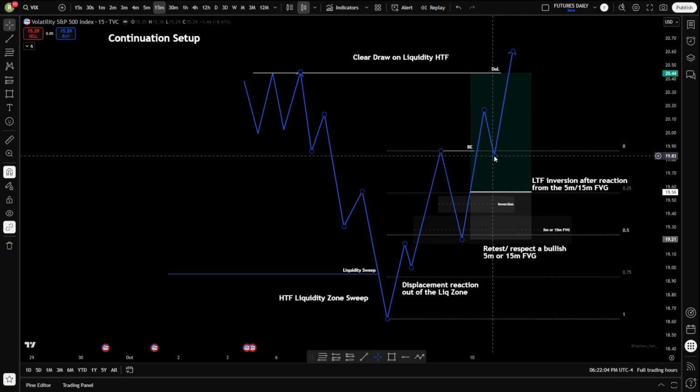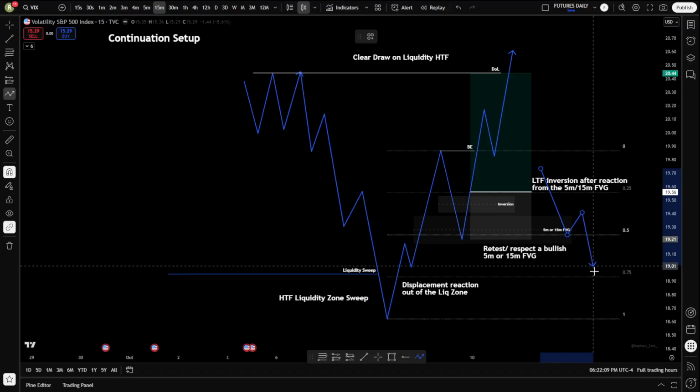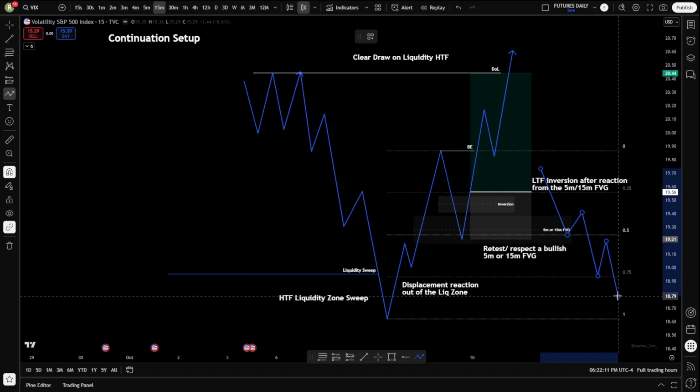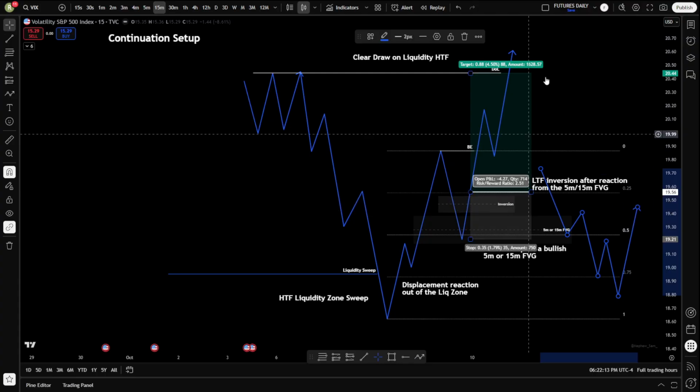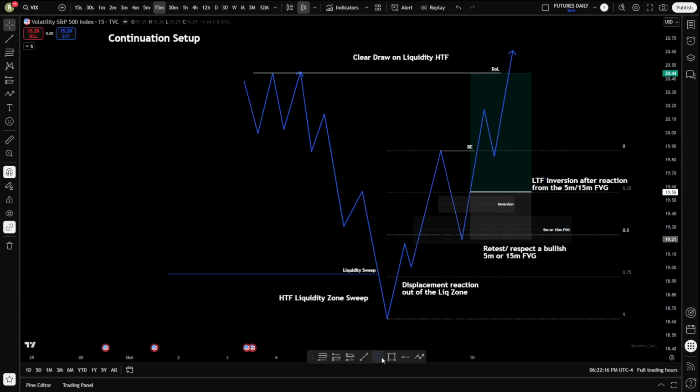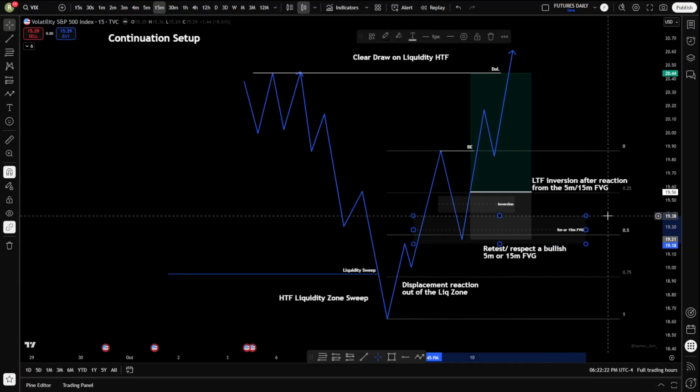Because if you're longing in a premium, price could just manipulate you out just by resweeping that low again, and then you'll just get wrecked, obviously. So yeah, usually I want to see a tap into discount paired up with the 5 or 15-minute fair value gap.